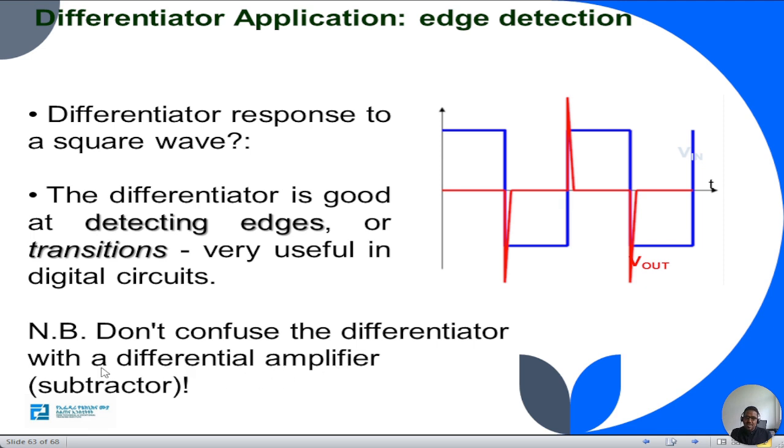So this is about the differentiator. The differentiator depends on the frequency, that is, it is directly proportional to the frequency, with sensitivity to the frequency. So thank you.